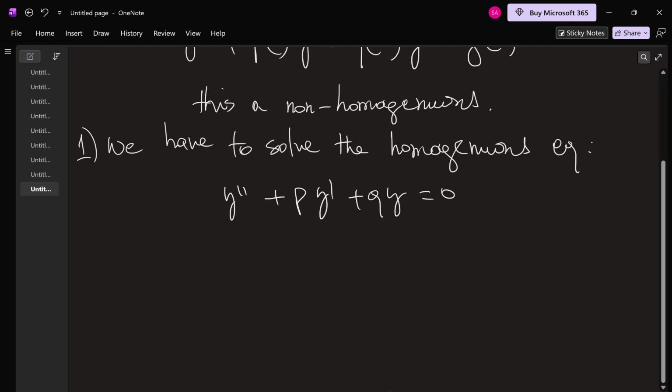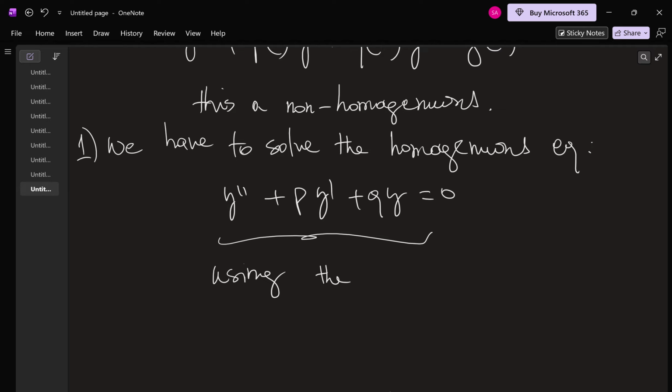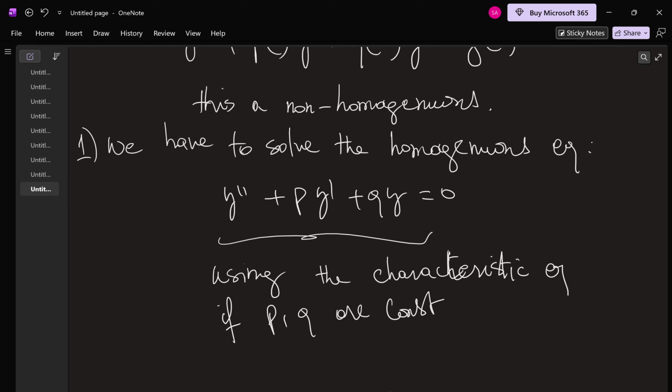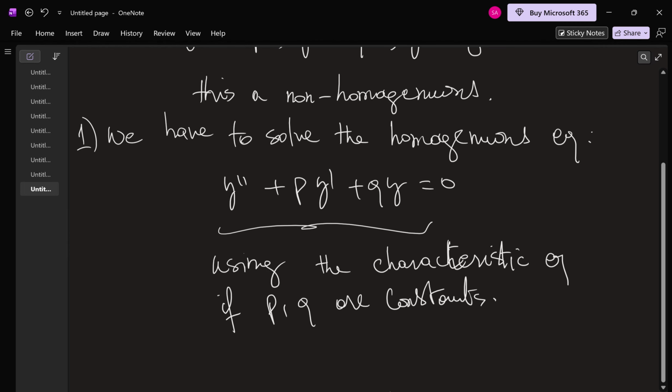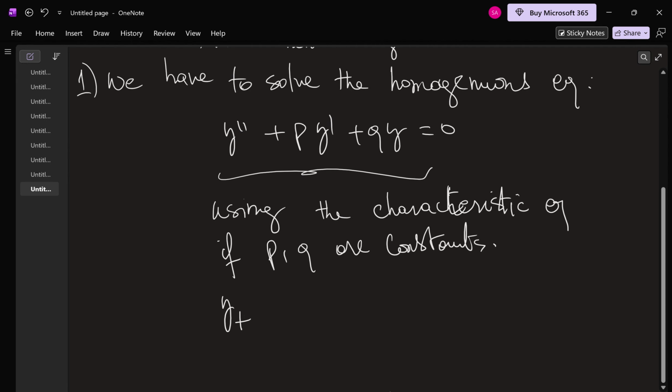Then after solving this, using of course the characteristic equation, if p and q are constants, you will get the homogeneous solution.